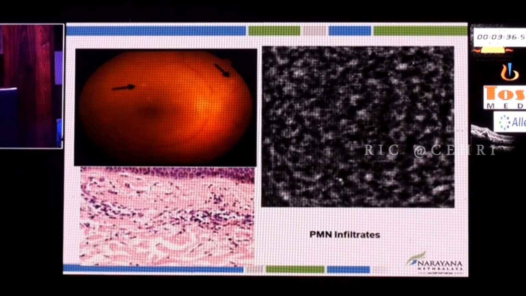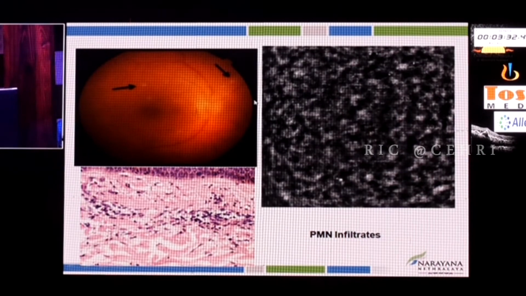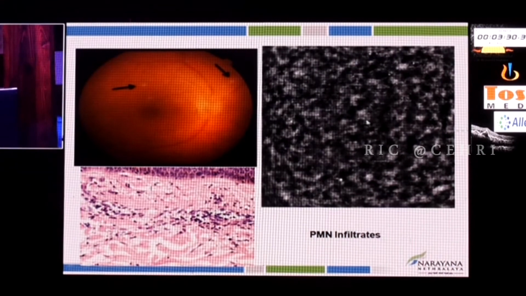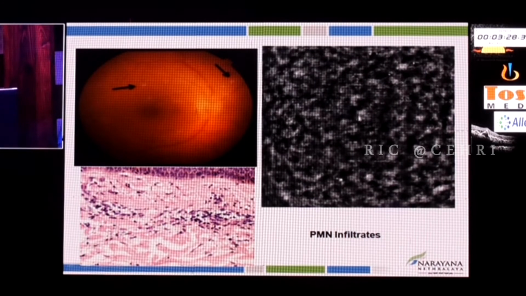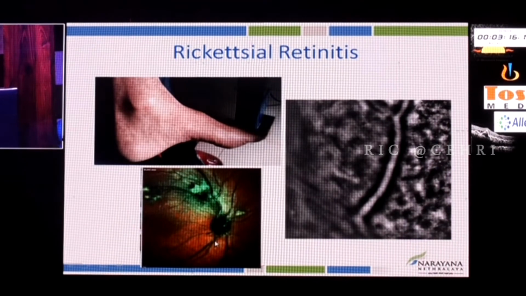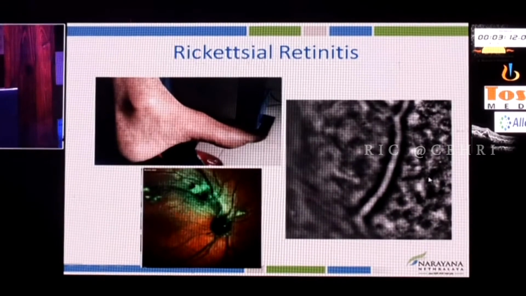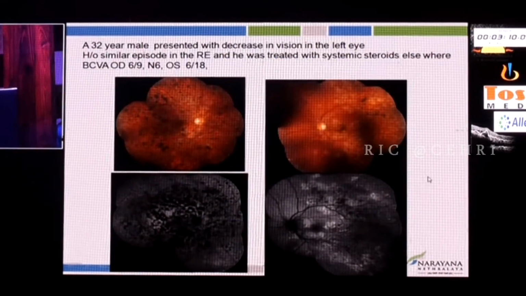Here is a case of multifocal retinitis secondary to Behçet's disease. See the multiple tiny infiltrates in the retina on adaptive optics, correlating well with the histopathological picture of polymorphonuclear infiltrates in the eye. Here is a case of rickettsial retinitis where we could see active vasculitis, and the retinitis and polymorphonuclear infiltrates on the retina can be appreciated using adaptive optics.